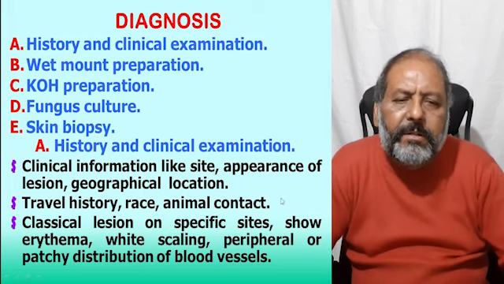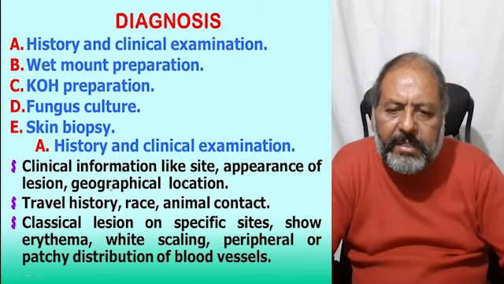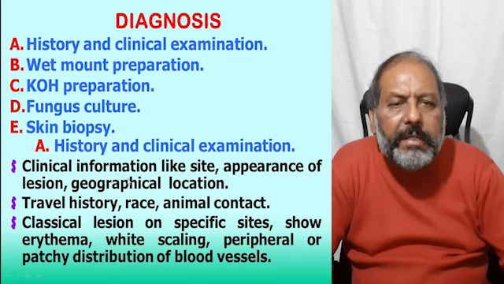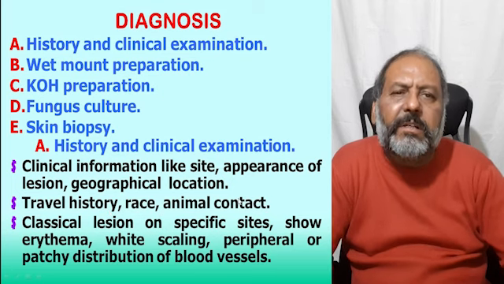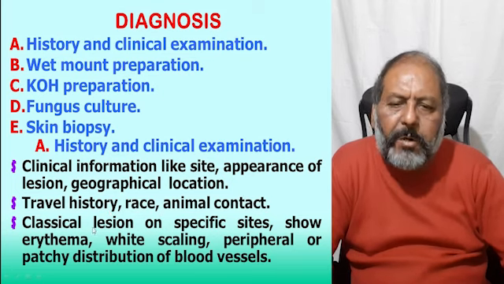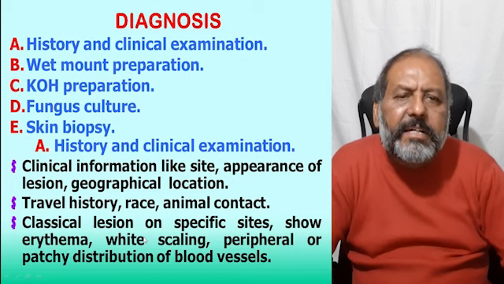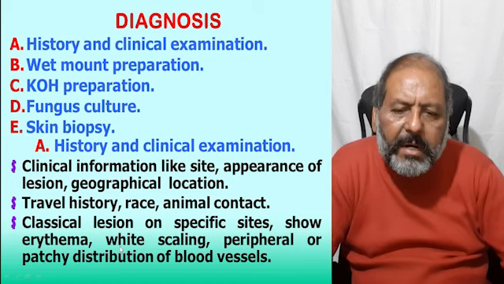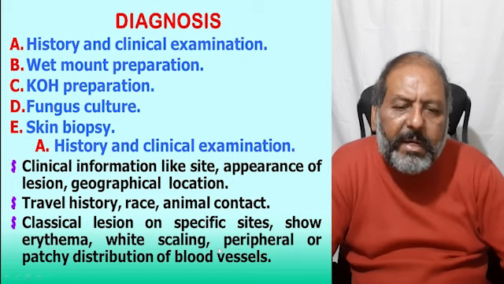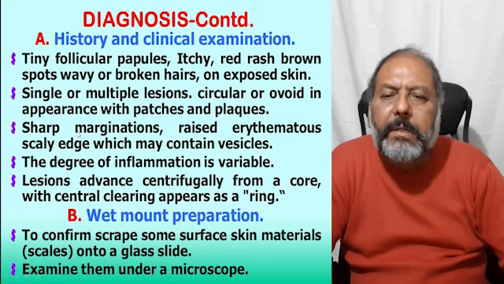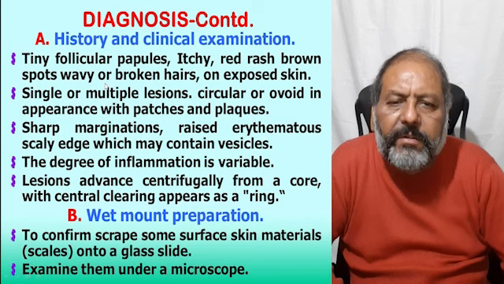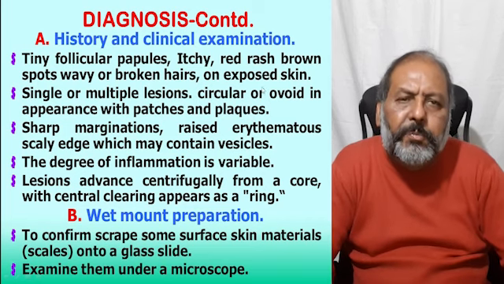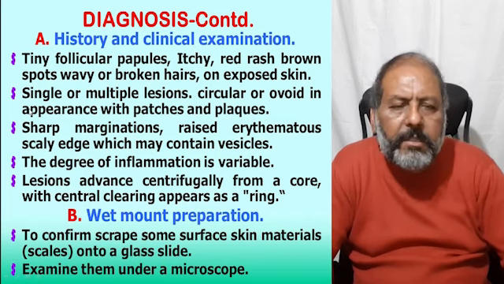Clinical information like site, appearance of the lesion, and geographical location is important. Travel history, race of the patient, or animal contact is also important. Classical lesions on specific sites show erythema, white scaling, and peripheral or patchy distribution. Tiny follicular papules, itchy red rash, brown spots, and wavy or broken hairs on the exposed skin are also seen.